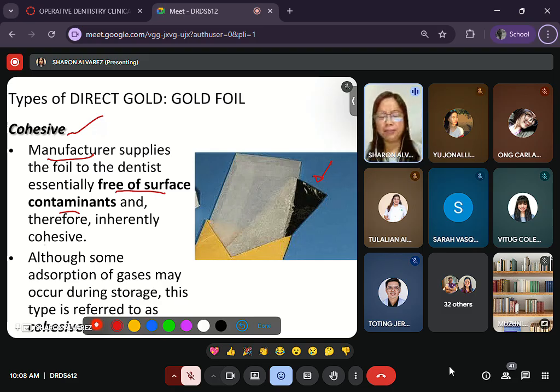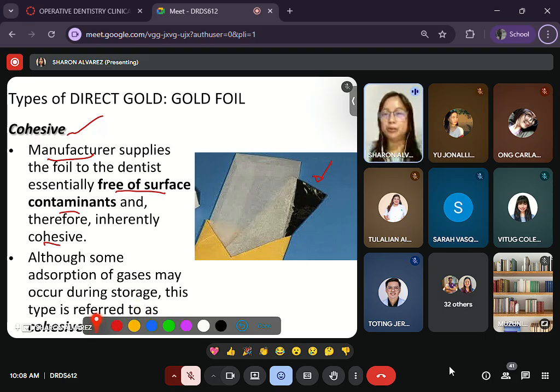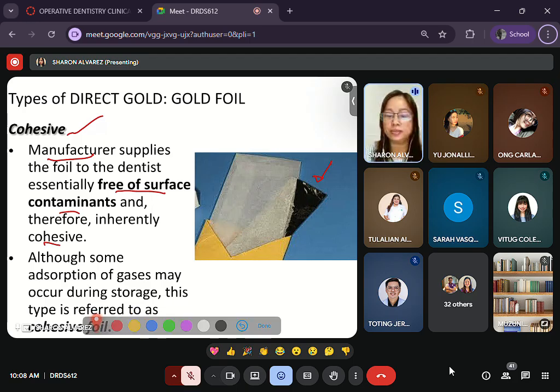Kaya lang, the problem is, if you're the dentist and you chose cohesive, you have to be careful in storing the gold in your office, because when you expose the gold to the environment, upon exposure to gases in the environment, the gases will contaminate the surface of the gold. So it can now affect the cohesiveness of the gold.